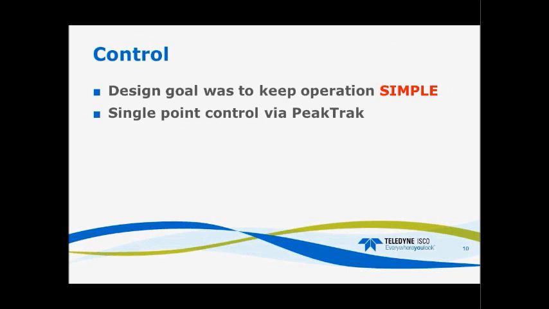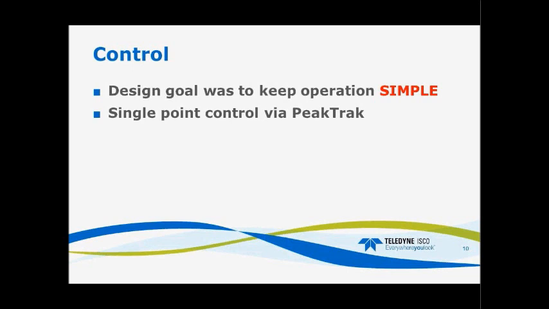One of the things during the design phase, as we talked to users of flash systems, was they wanted to make sure that the system was simple to operate. And so that was one of our design goals. To accomplish that, we embedded single point control of the mass spectrometer into PeakTrak.